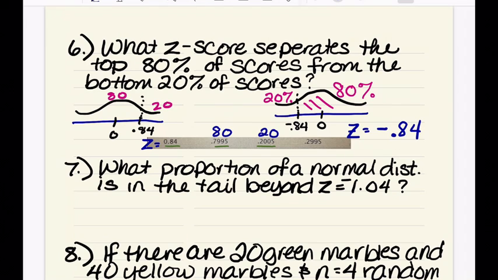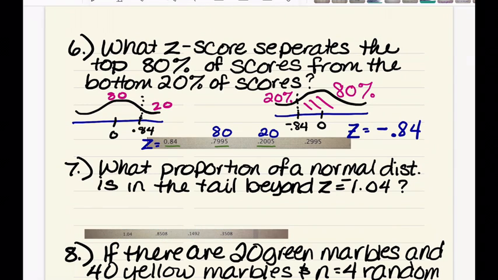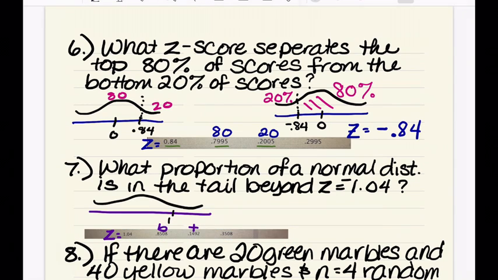The next question asks, what proportion of a normal distribution is in the tail beyond z equals negative 1.04? First, we'll look at the results from our unit normal table, where z equals 1.04, and draw a conceptual drawing of what that really looks like on a pictorial.